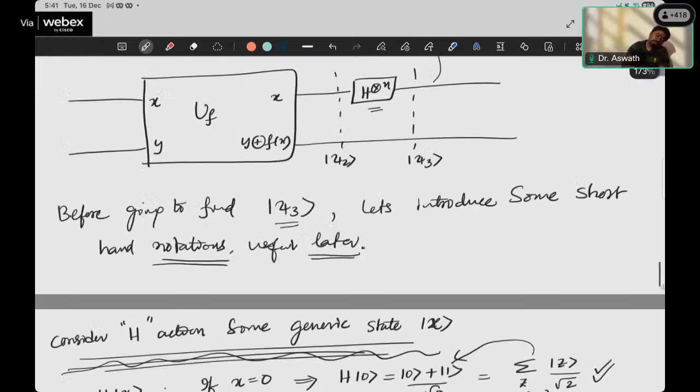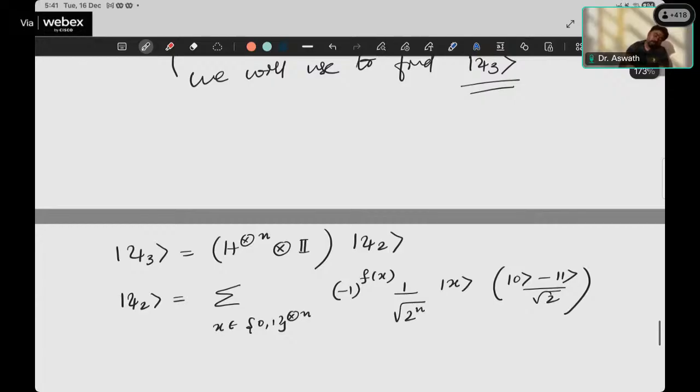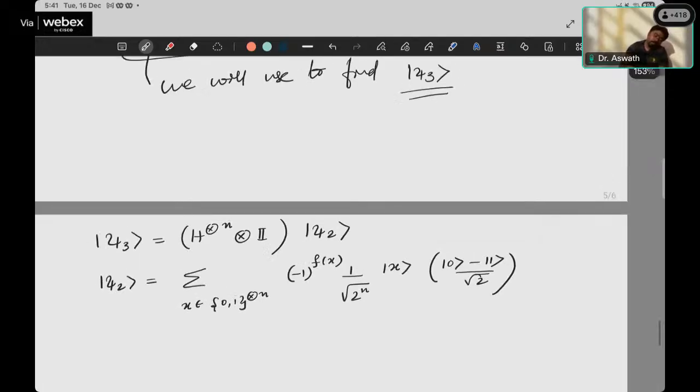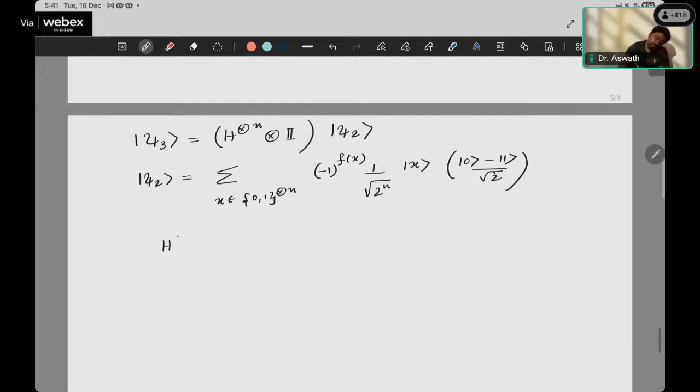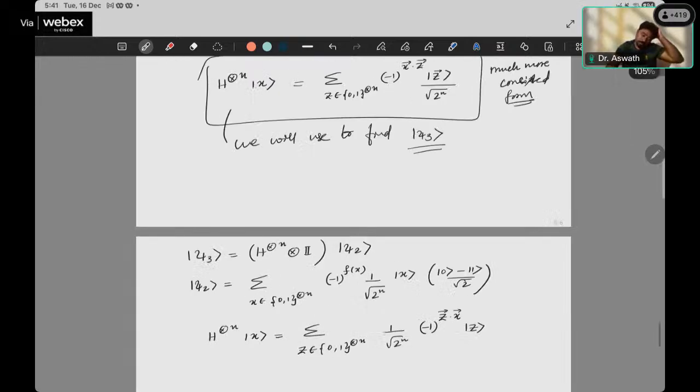Okay. So we just found that H tensor n acting on x is equal to the summation over z belongs to 0,1 tensor n of 1 by square root of 2 to the power of n, minus 1 to the power of z into x, bitwise, like a dot product, z ket. This we just found.